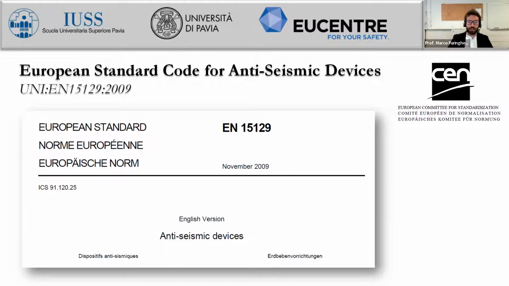Actually, this is a very large standard code because it does not contain just isolation bearings, but also dissipating devices. So something like dampers, STU, shock transmission units. So it is a very wide standard code with a number of devices which are ruled. Let's say generally anti-seismic devices.